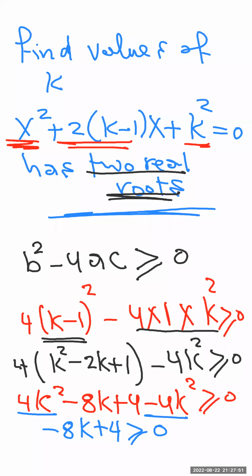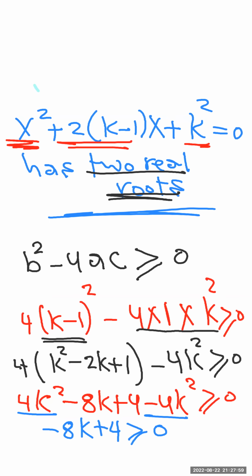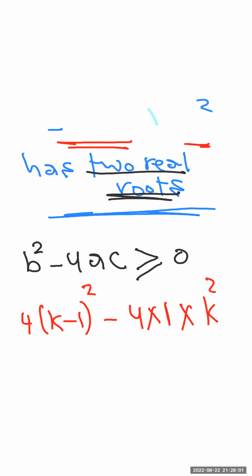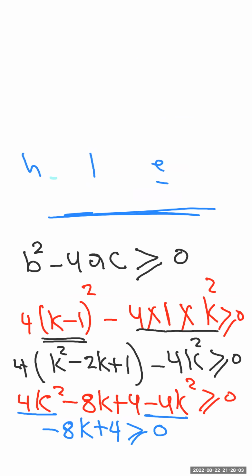Okay, I'm going to shift that number to the other side. But first, let me clear some area from the board. Like this is enough. Okay. So now, negative 8k, shift this number, greater than or equal negative 4.